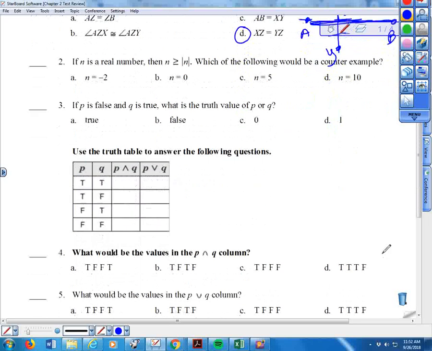Okay, if n is a real number, then n is greater than or equal to n. Which of the following would be a counterexample? What's a counterexample mean? If someone told me this was always true, I'm looking for one of these to prove that it's not. That's a counterexample. So which one of these choices proves that what they told me is not true?